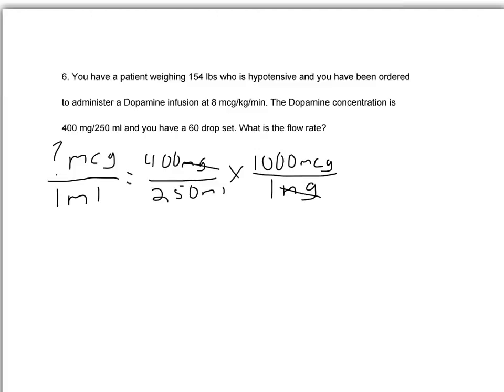So now to solve this, we're just going to count zeros. 1, 2, 3, 4, 5. 4 times 1 is 4. So we have 400,000 divided by 250.